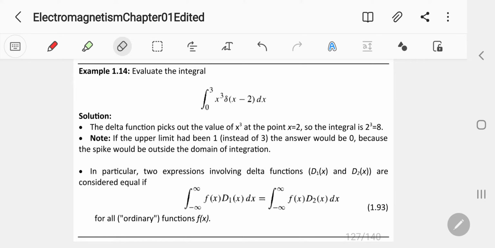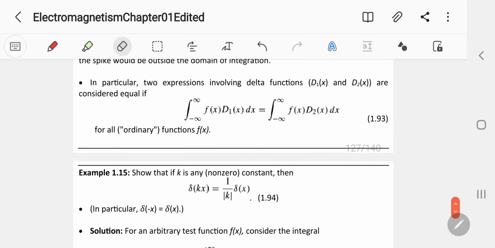And now we can check out this property. This property states that if you have two Dirac delta functions, d1 and d2, these two Dirac delta functions are equal if you have this integral. And we can show this in an example.